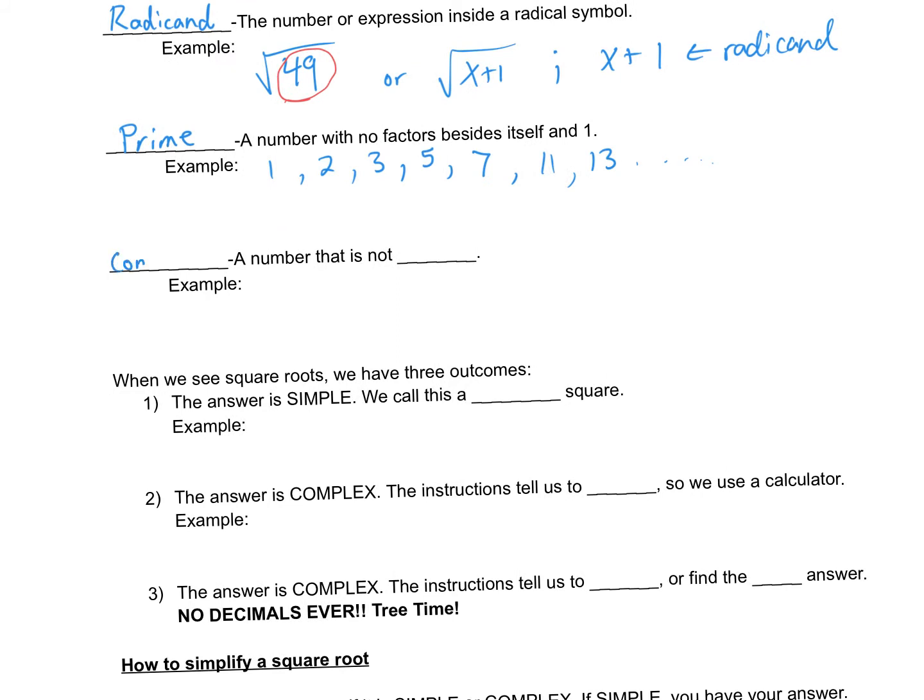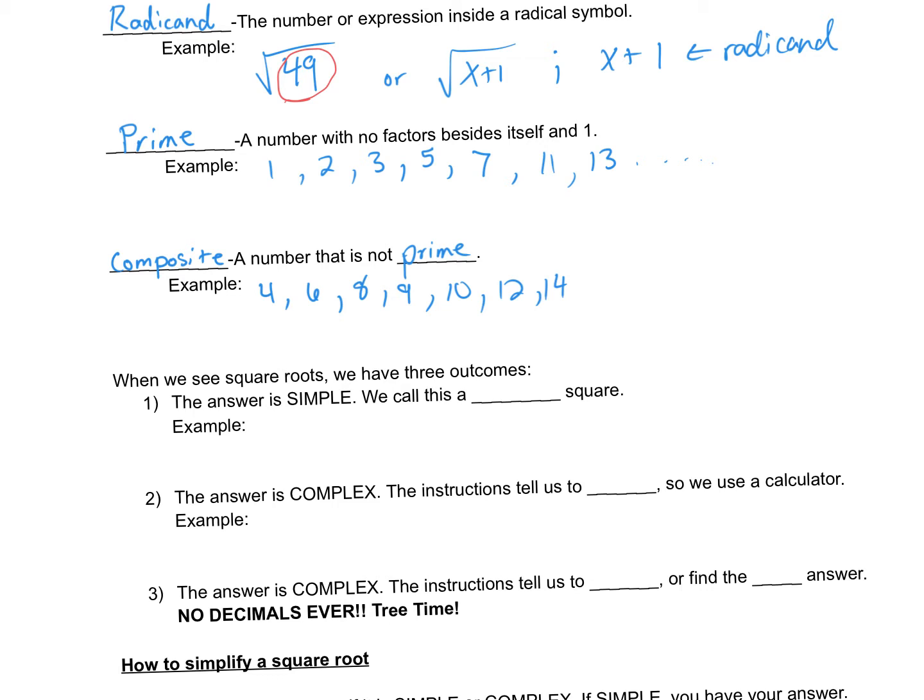A composite number is a number that is not a prime. So 4, 6, 8, 9, 10, 12, 14. Every single even number aside from 2 is a composite number.